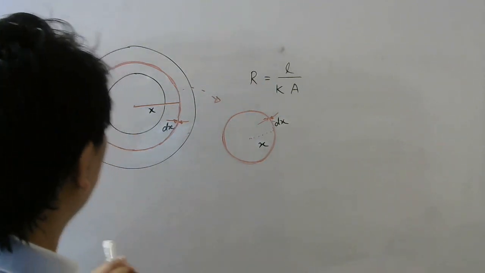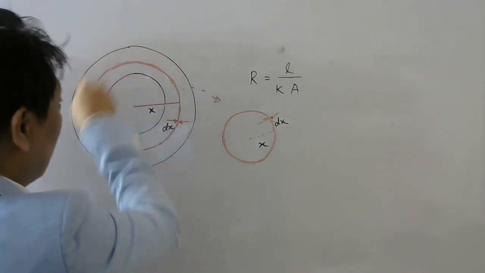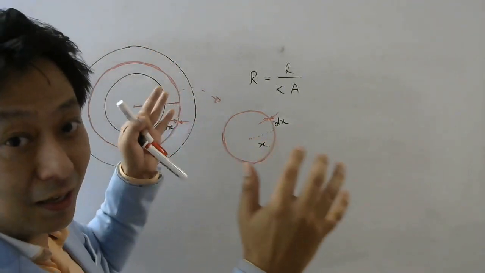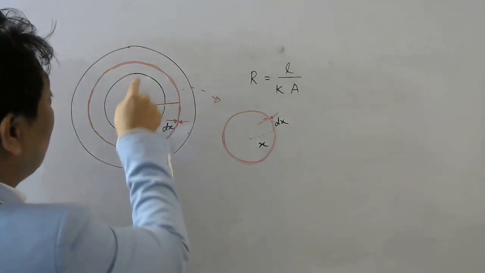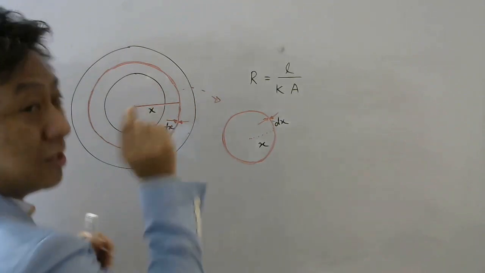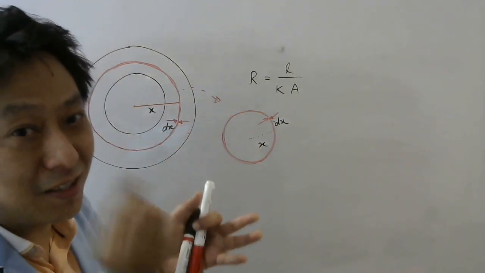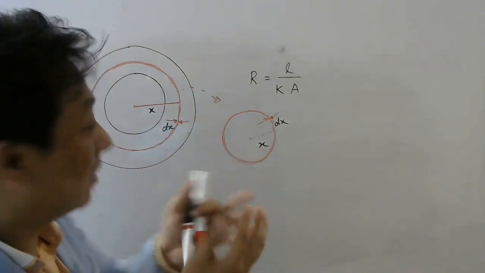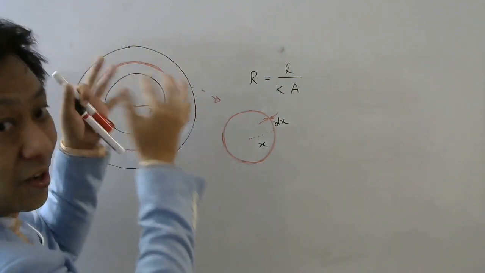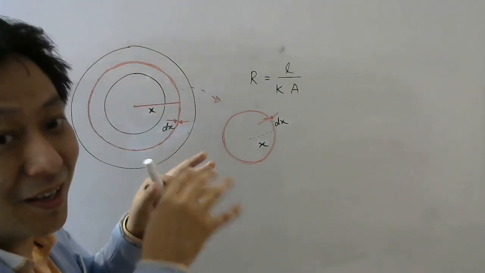So the idea is, from here to here, obviously the area increases. But if I take a very small, thin spherical shell here, it's a sphere actually, but on the board it will look like a circle.